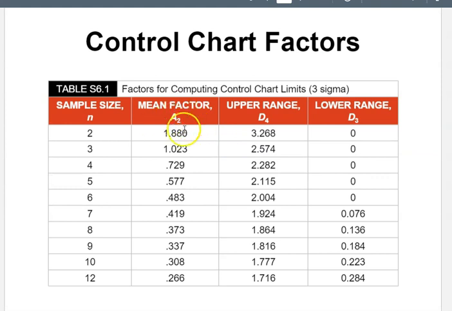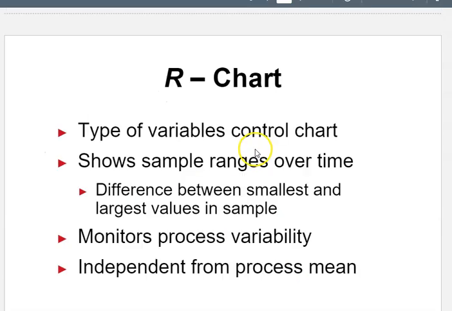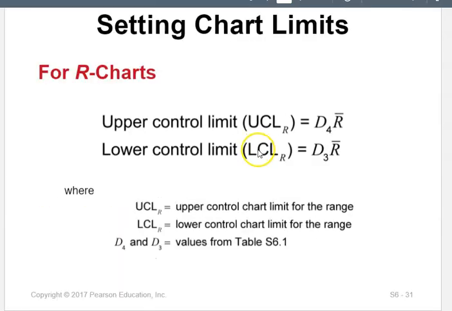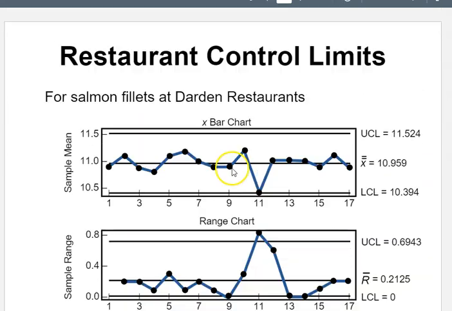A2 was for the earlier formula, D3 and D4 are provided in this table. So the R chart gets its D values from this chart. And again, this chart will be provided to you, especially if you have more than 12 cases, you will have access to. And that's it. So I think the R chart is pretty much easy to calculate.